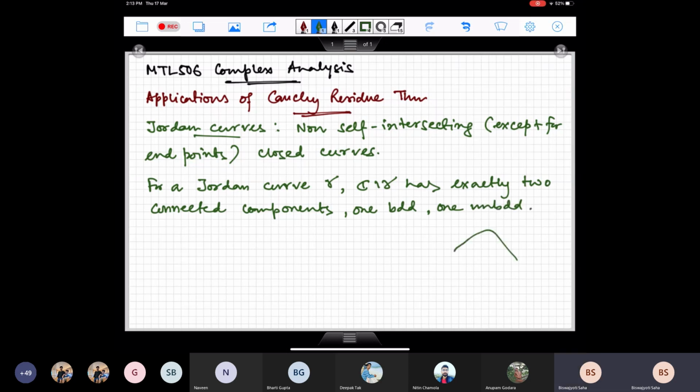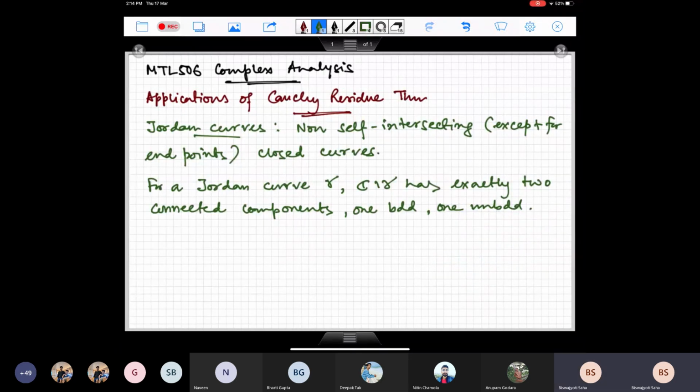That's again clear, if I have some curve like this, then clearly there is one connected component of C minus gamma, which is the exterior of the region enclosed by gamma, and another one is the interior of the region enclosed by gamma. So these are the two connected components.